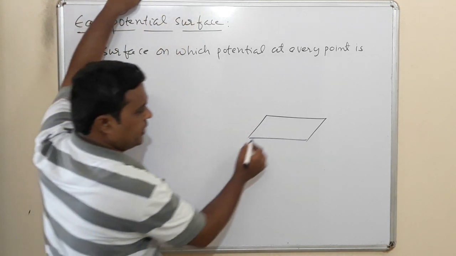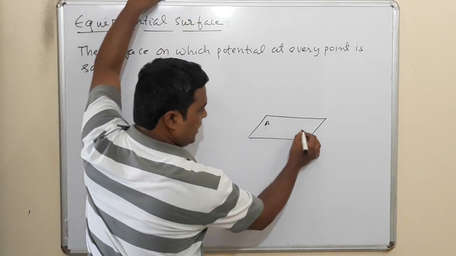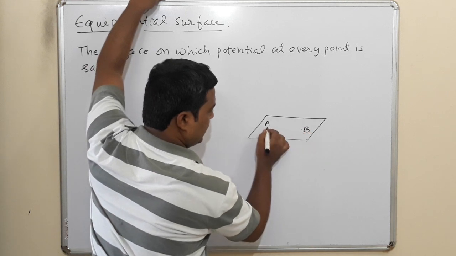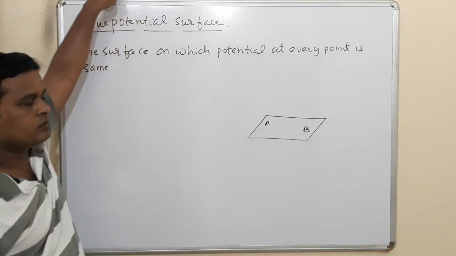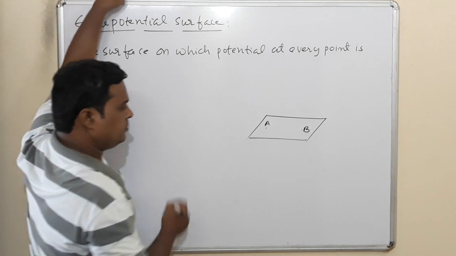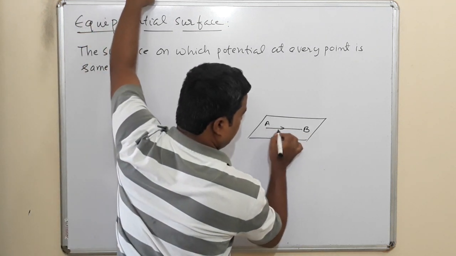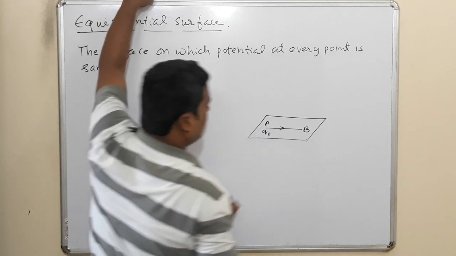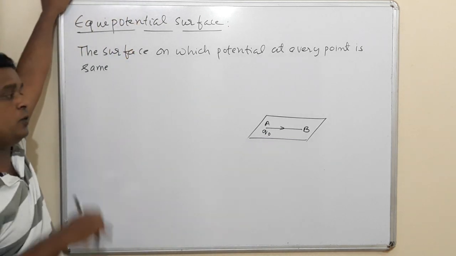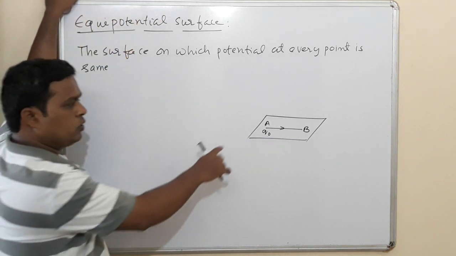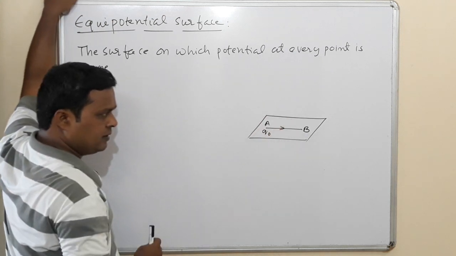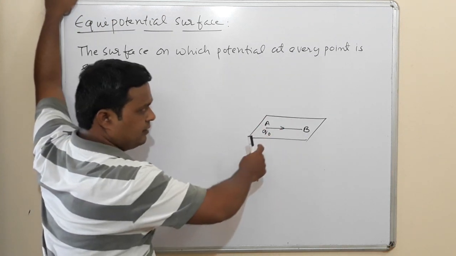If I take 2 points on the equipotential surface, this is A, this is B. These are the 2 points. Suppose I have a test charge here and I want to move it from A to B. How much work is done?